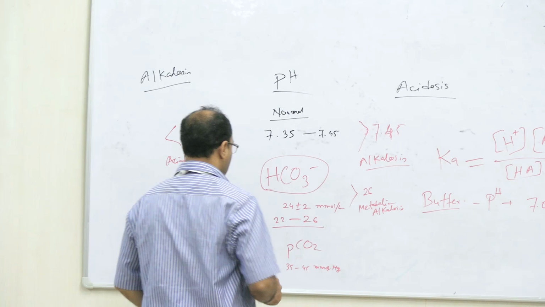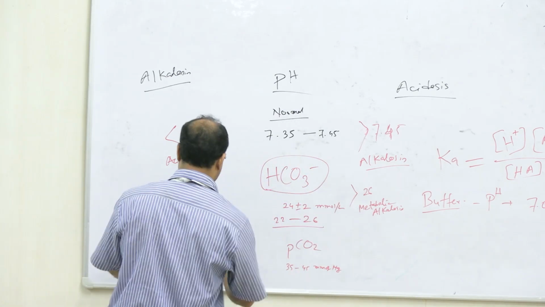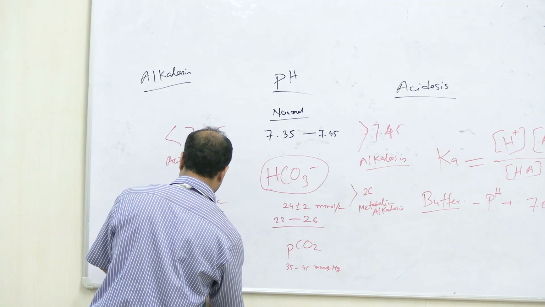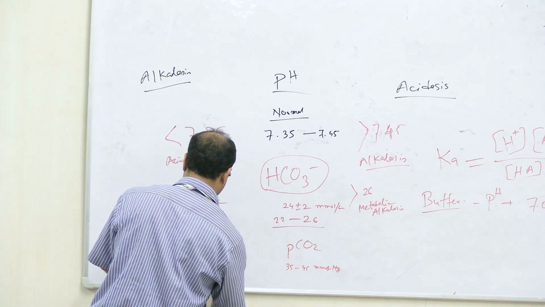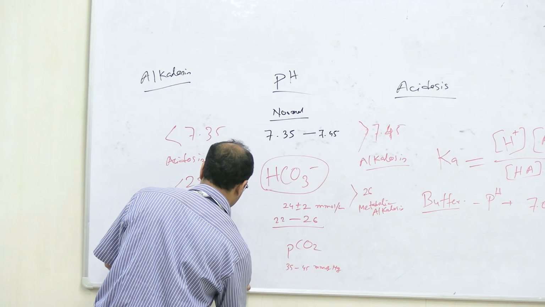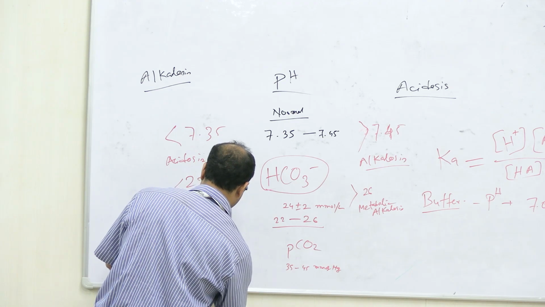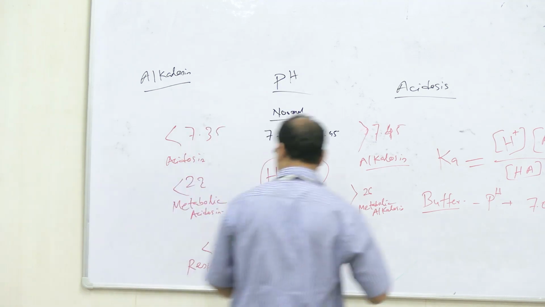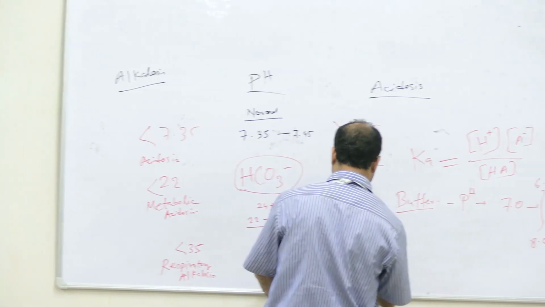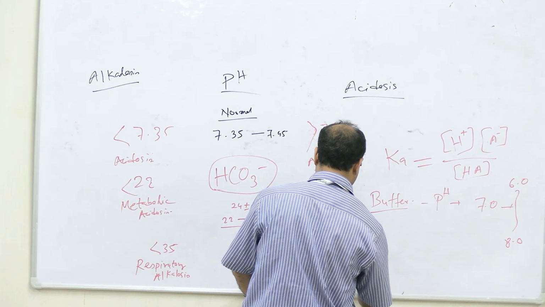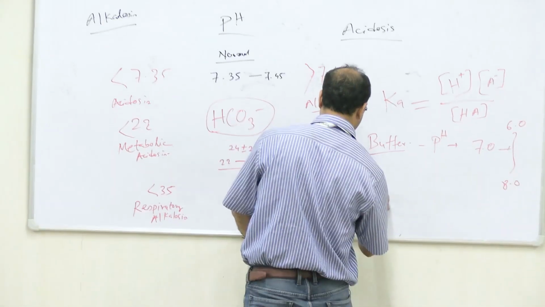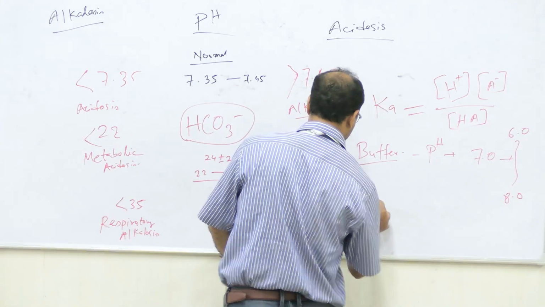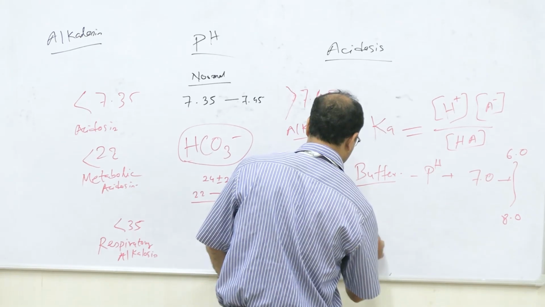When PCO2 is less than 35, that is called respiratory alkalosis, and when PCO2 is more than 45, that is called respiratory acidosis.